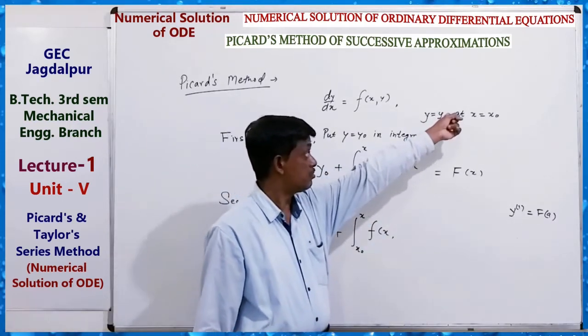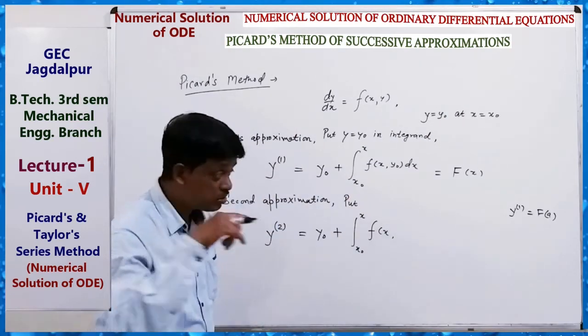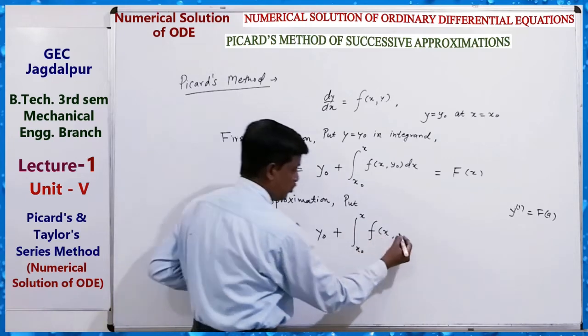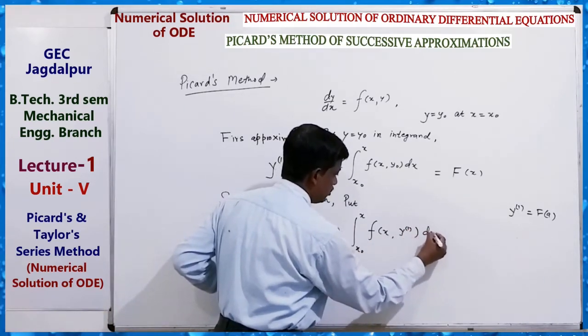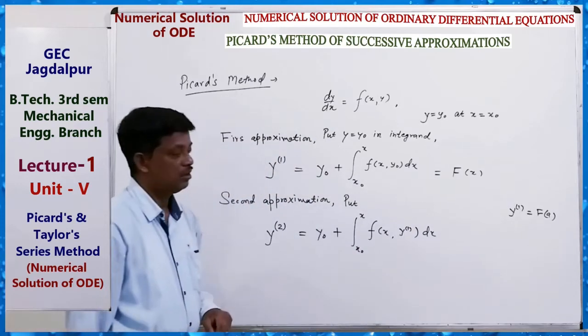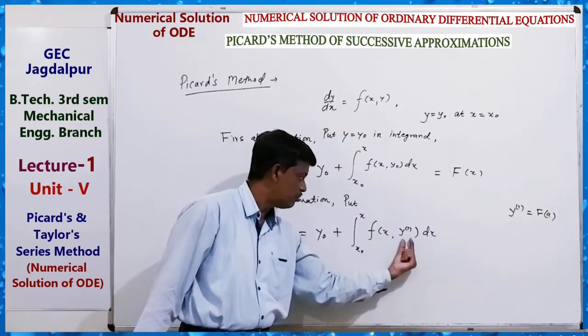This was the first value, and we get the first approximation, and now we use this first approximation y1 here. We have already got this first approximation, a particular value, so you can put the particular value here.